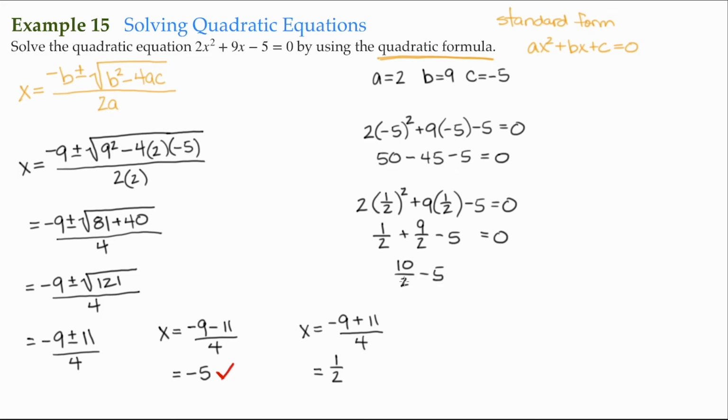And of course, 10/2 is 5, and 5 minus 5 equals 0. So this is also a solution.